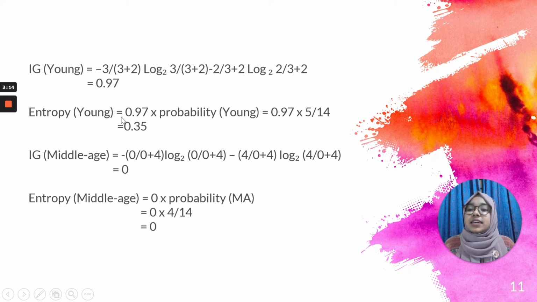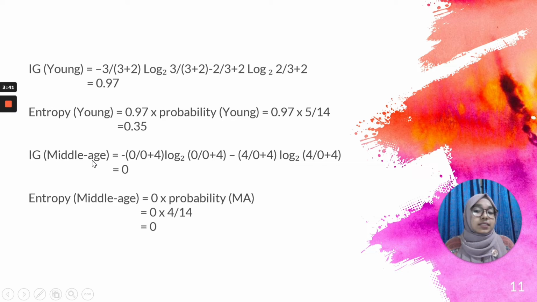Entropy is the information gain of young times the probability of young. We calculated before that the information gain of young is 0.97 and the probability of young is 5 by 14. Here 5 is the count for young, so the entropy of young is 0.35.